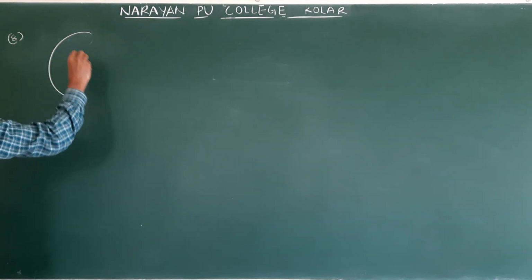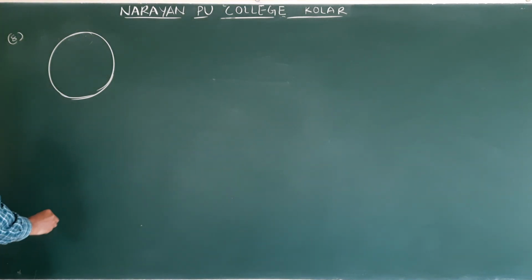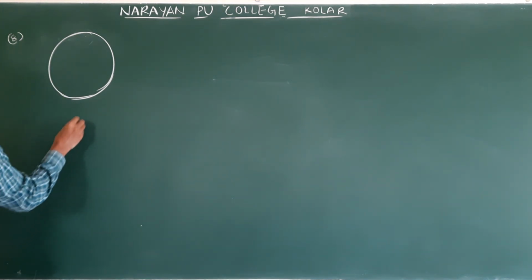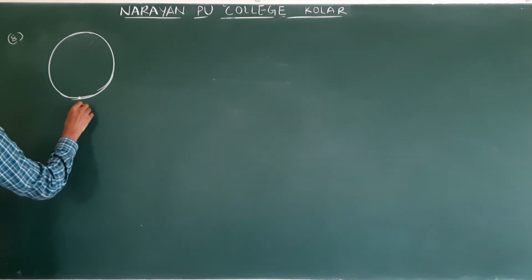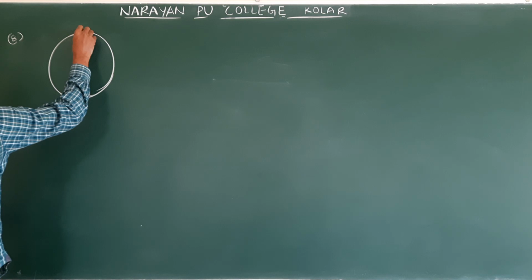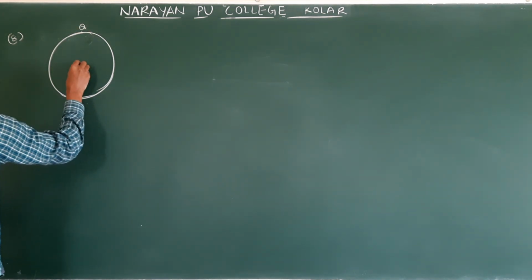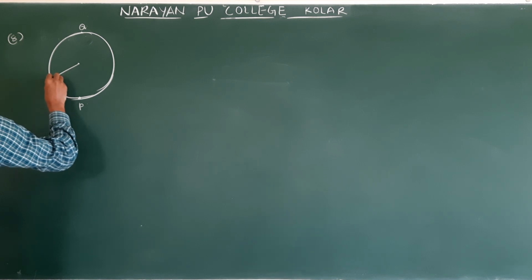They gave one figure like this. Three girls are moving diametrically opposite. This is P, this is Q, and they gave the radius. What is the radius of this circle?